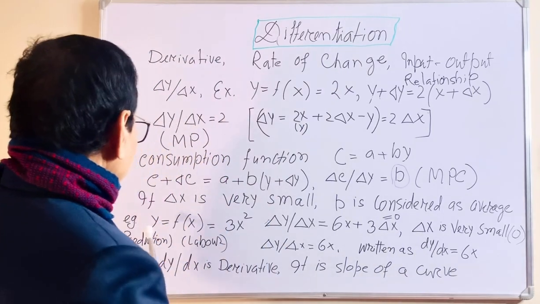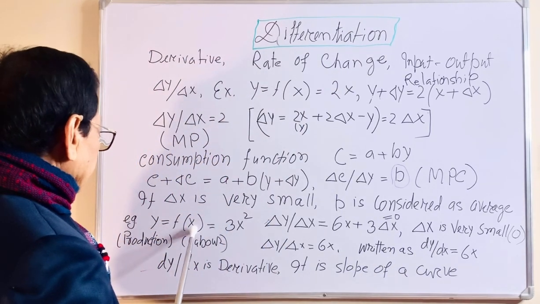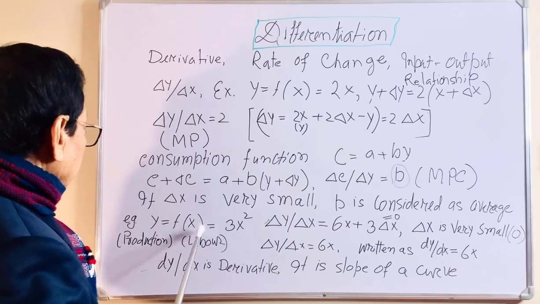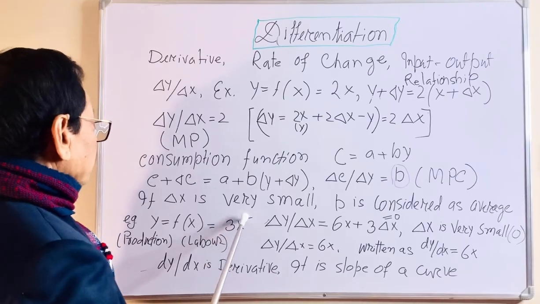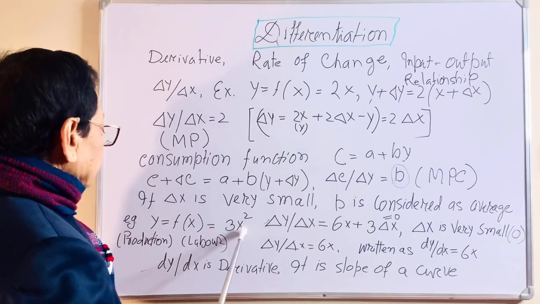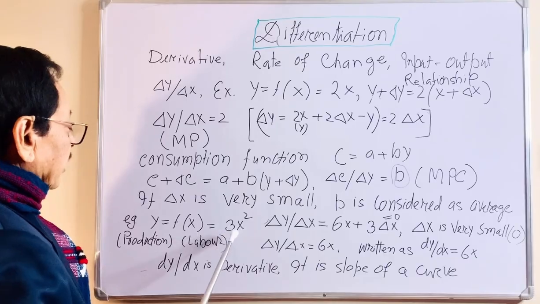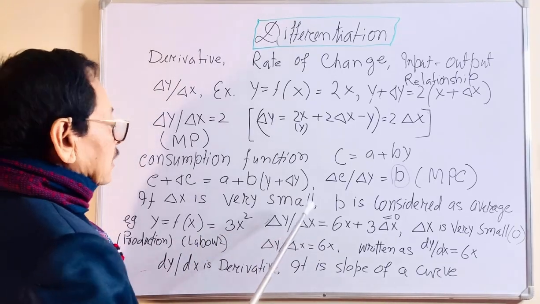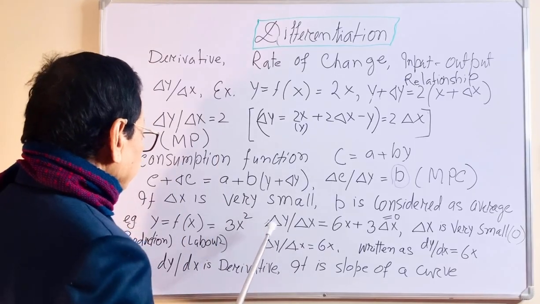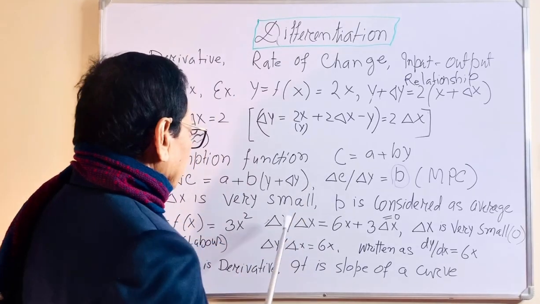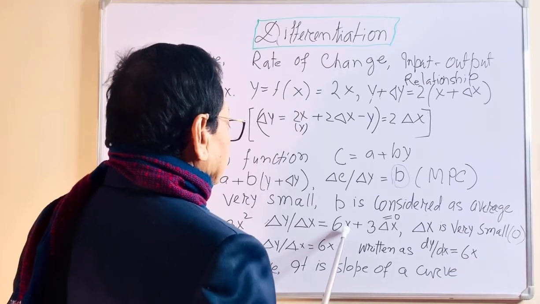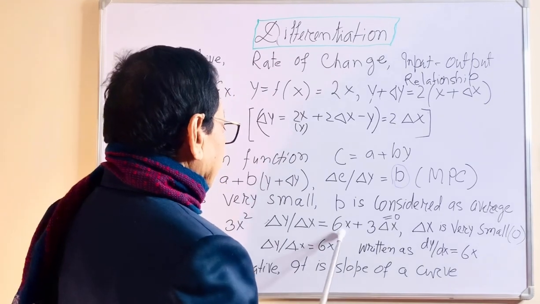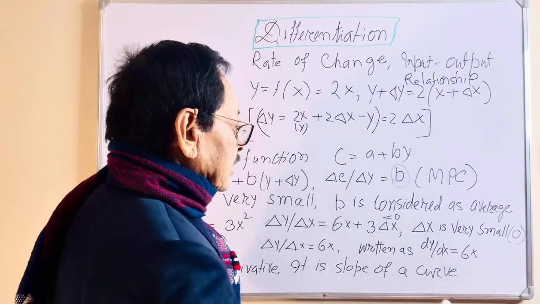For example, Y is a function of X, a dependent variable and an independent variable. Suppose the form is 3x squared. Now what is delta Y by delta X? Similarly, we can find as above: delta Y by delta X is equal to 6x plus 3 delta X.